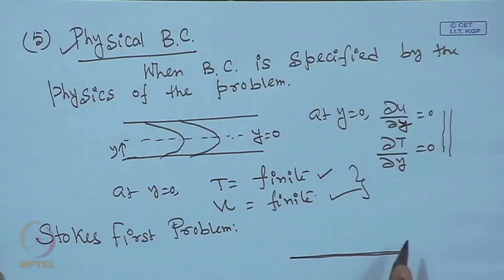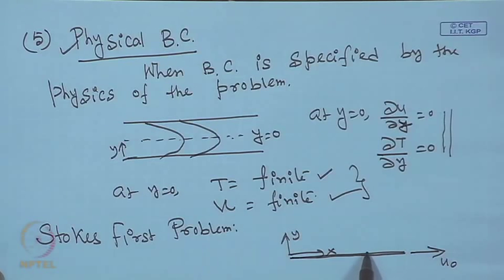Now, at time t equal to 0, this plate starts moving in this direction with a velocity u naught. So, the fluid elements which come in contact with this plate will have a velocity u naught in the x direction because of the no slip boundary condition. So, fluid particles adjacent to the wall will start moving.